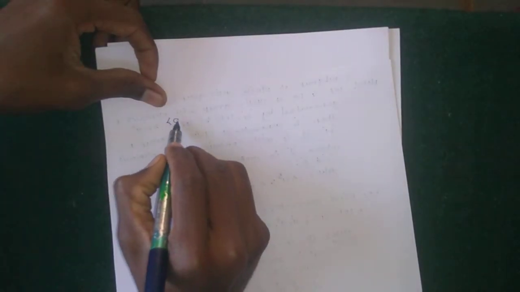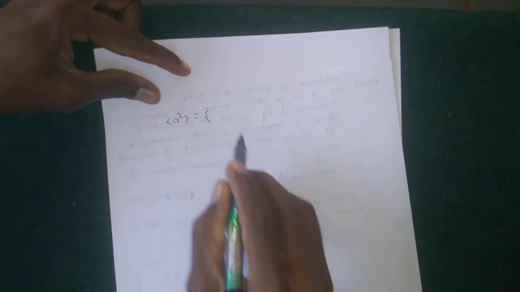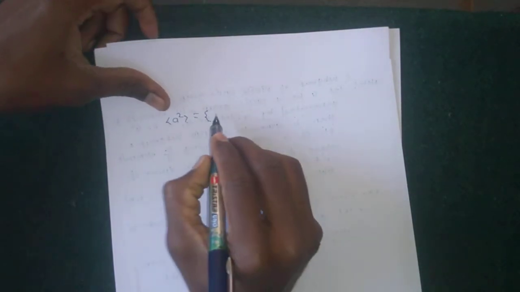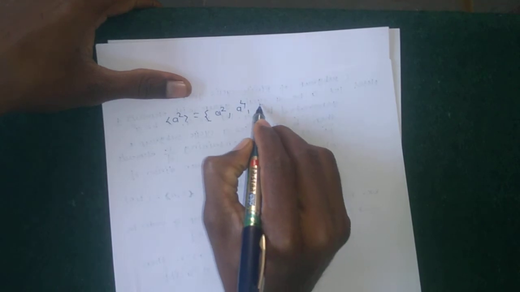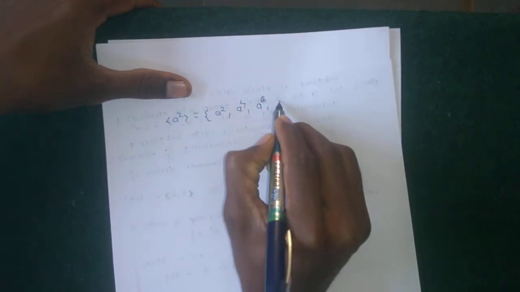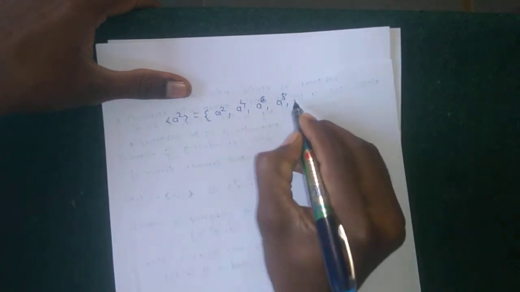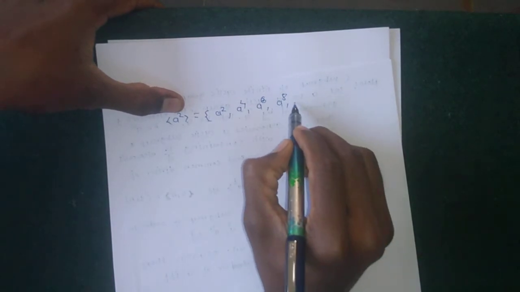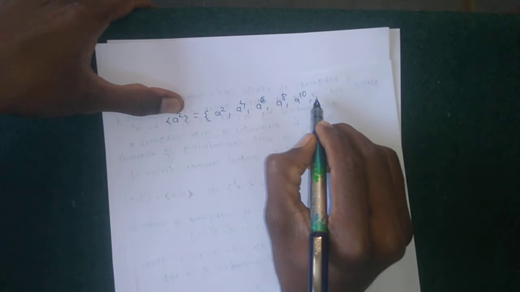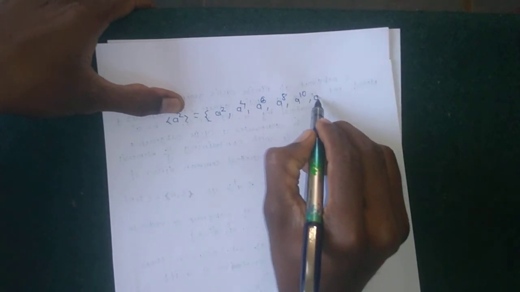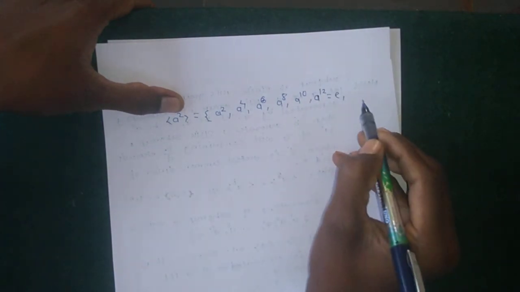So the subgroup generated by A square: if the power is 1, then A square; if 2, then A raised to 4; then A cube gives A raised to 6; if 4, then A raised to 8; if 5, then A raised to 10; if 6, then A raised to 12, which is equal to identity.